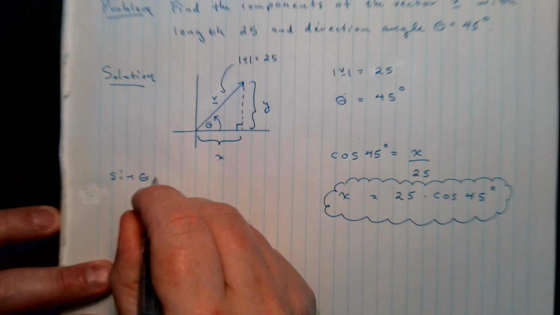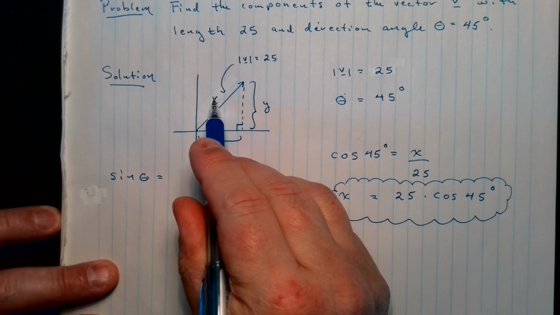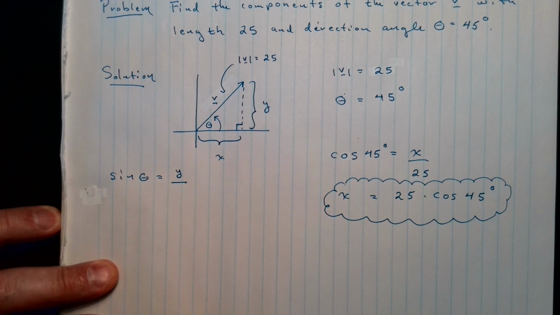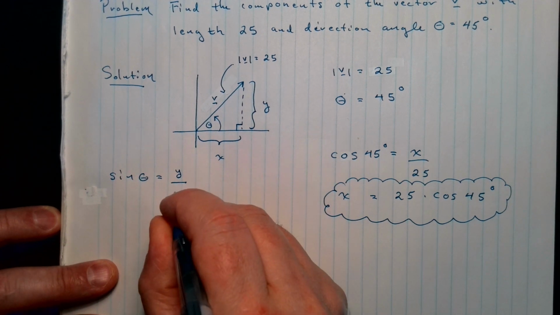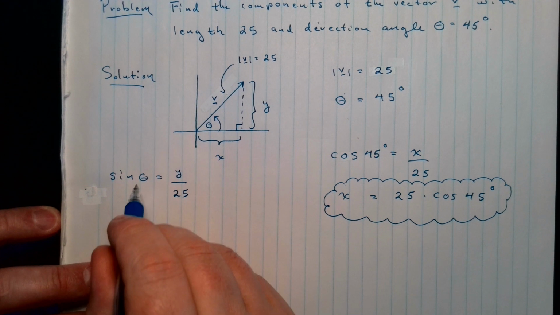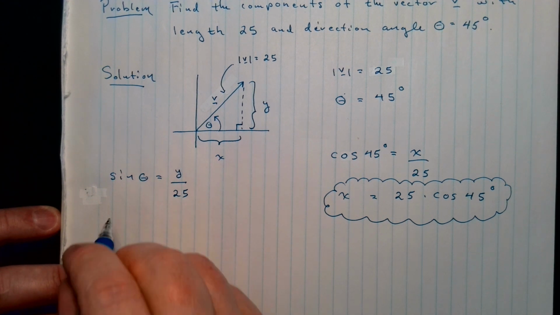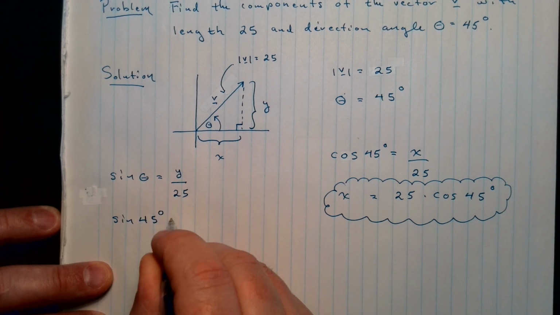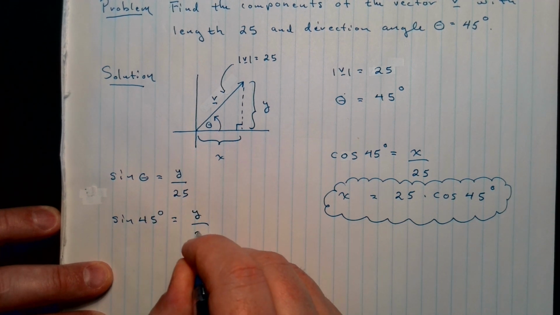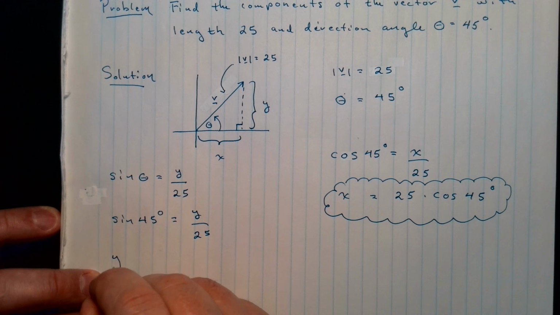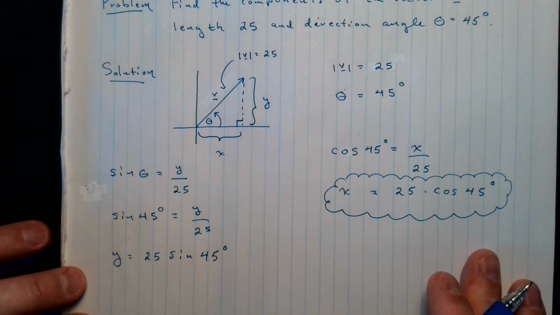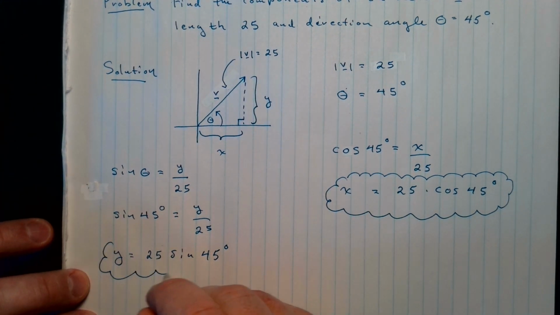The sine of theta is equal to the opposite divided by the hypotenuse. So our opposite is y, and the hypotenuse is again 25. Nothing's changed there. We can substitute in the value of theta here. So we know that the sine of 45 degrees is y over 25, and y is equal to 25 sine 45 degrees. And that deserves another happy cloud.